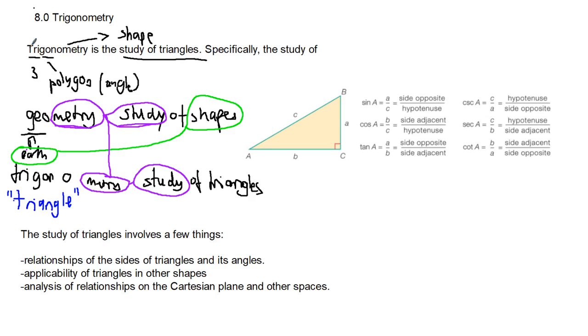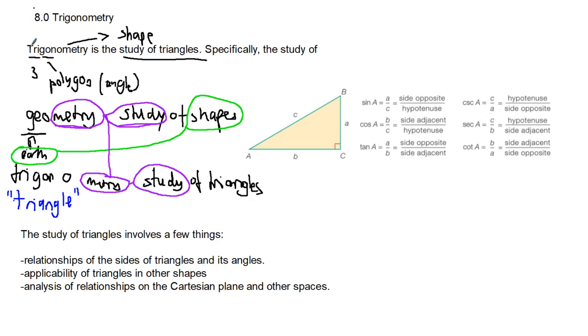You could use trigonometry for other non-right triangles. You could use trigonometry for hexagons, right? You could use trigonometry for a lot of things. And we're also focusing on analysis of relationships on the Cartesian plane and other spaces, which basically means we're going to analyze their functions.